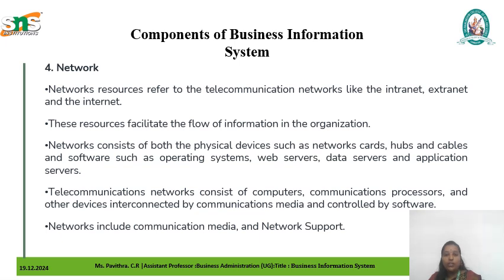These networks help business information systems to transfer or share data from one end to the next. The network resources refer to the telecommunication networks like internet and extranet, and these resources facilitate the flow of information inside the organization.